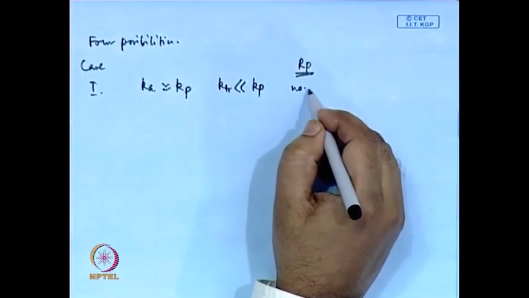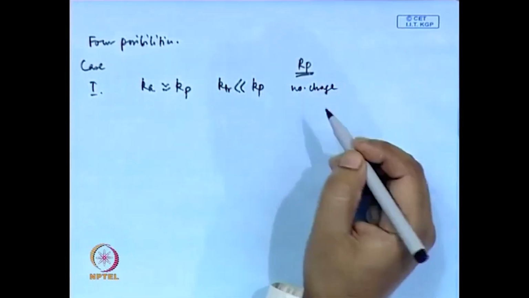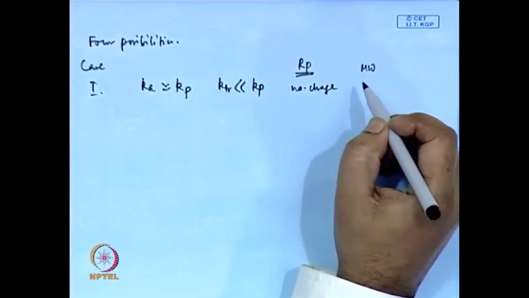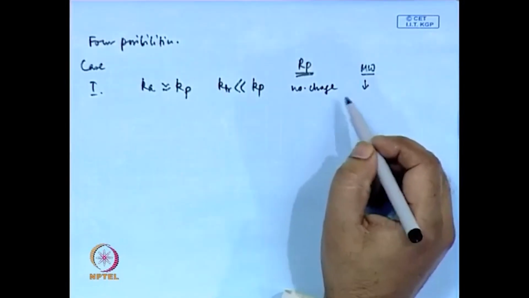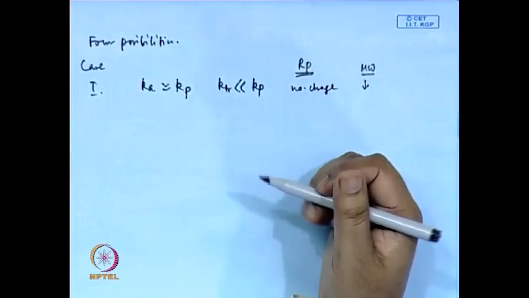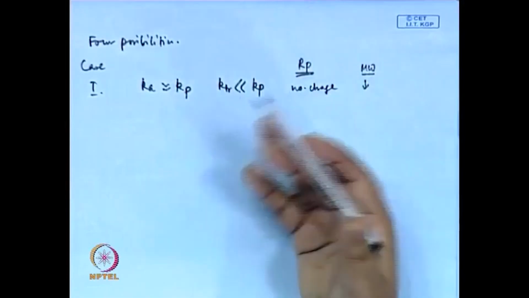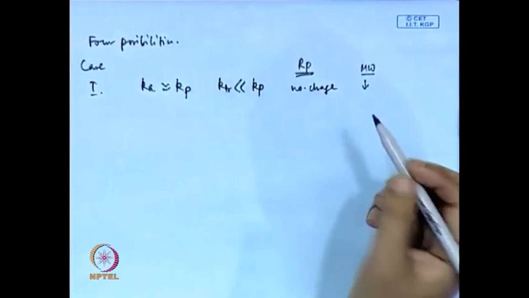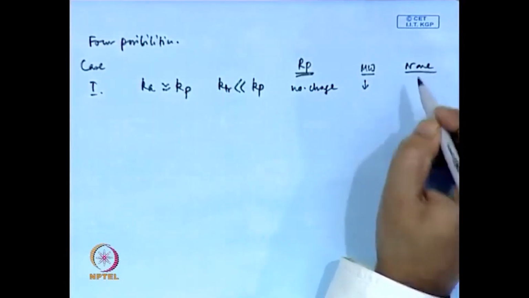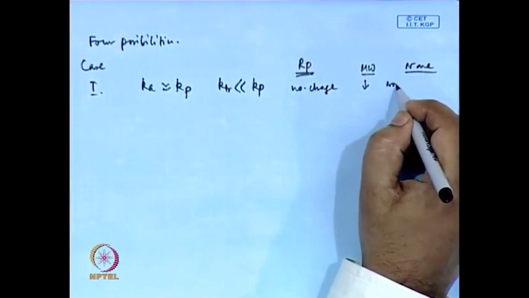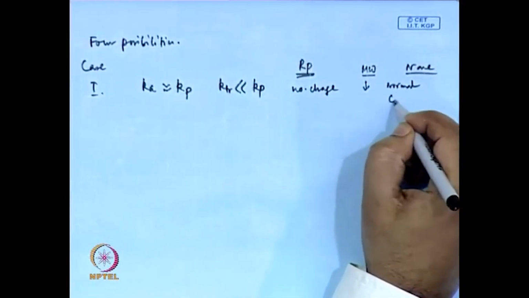So, no change. What happened to molecular weight? Obviously decreased, because chain transfer always breaks a chain, and the name we gave for this type of reaction is normal chain transfer.